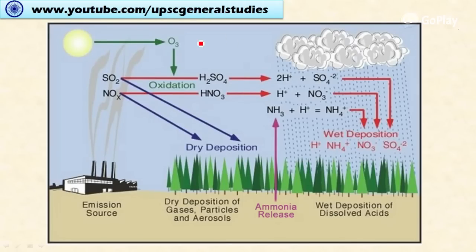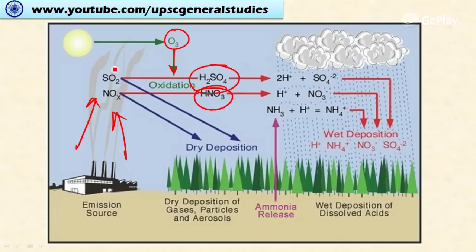Here, sulfur dioxide and nitrogen oxide are released into the atmosphere through various sources. These react with the photooxidants in the atmosphere like ozone. Oxidation occurs, which creates sulfuric acid from the sulfur dioxide, and nitric acid from the oxides of nitrogen.